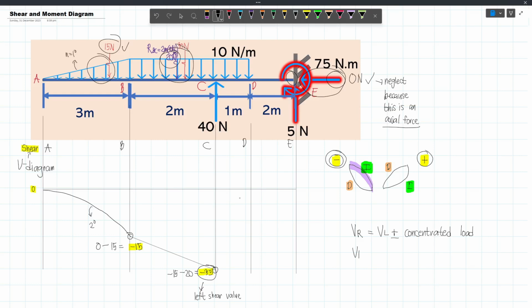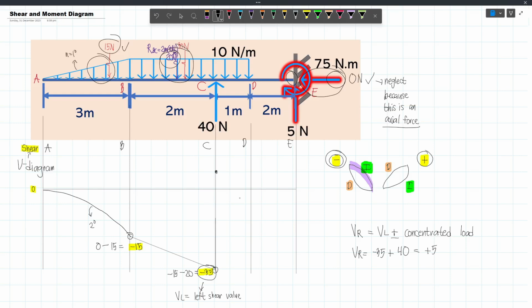And so, the shear here on the right will be this shear, which is the shear at the left, let's just label this as VL, plus the concentrated load. Now, sir, why plus? That's because our 40 newtons is acting upward. And so, this will be plus 40. Negative 35 plus 40 will give us positive 5. And so, here is our right shear value.